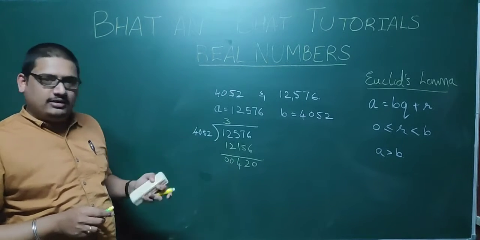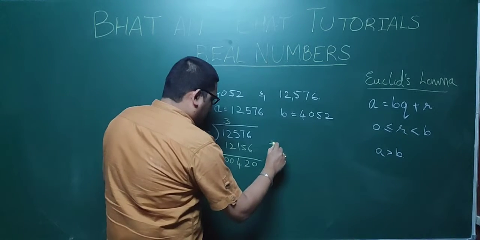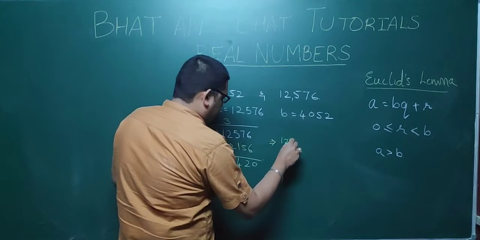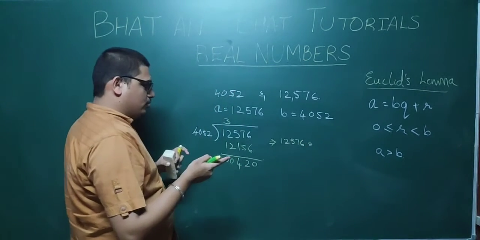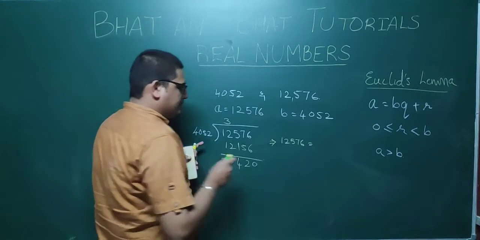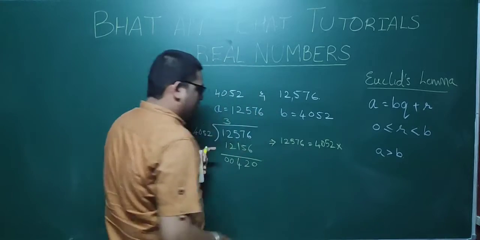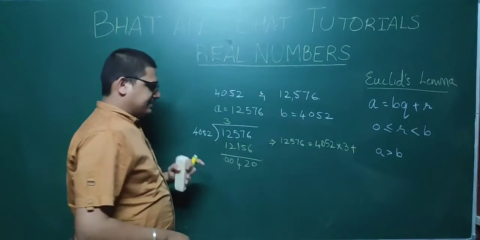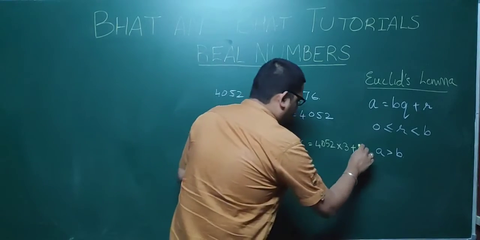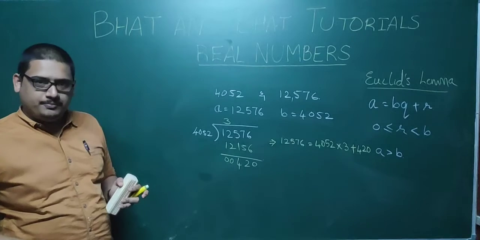How to put this in Euclid's division lemma mathematical statement? This becomes 12,576 is equal to bq, where b is 4052, multiplied by q, which is 3, plus r, that is the remainder, 420. I hope this is clear now.